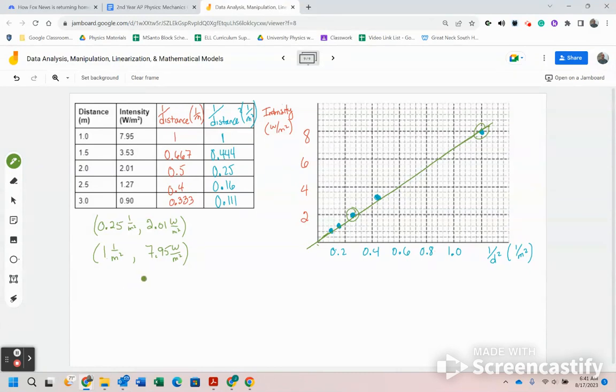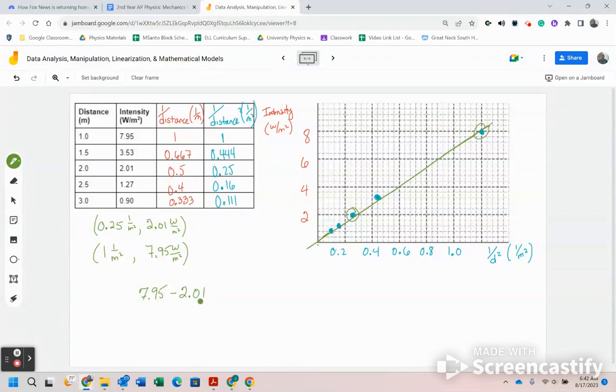So what we're going to do is the calculation of the slope here, which is going to be 7.95 watts per meter squared. Another name for that is lumens. You might have seen that if you bought a light bulb recently at Home Depot or Lowe's. They got rid of the watt rating and have converted to lumens, which is just a measure of brightness.